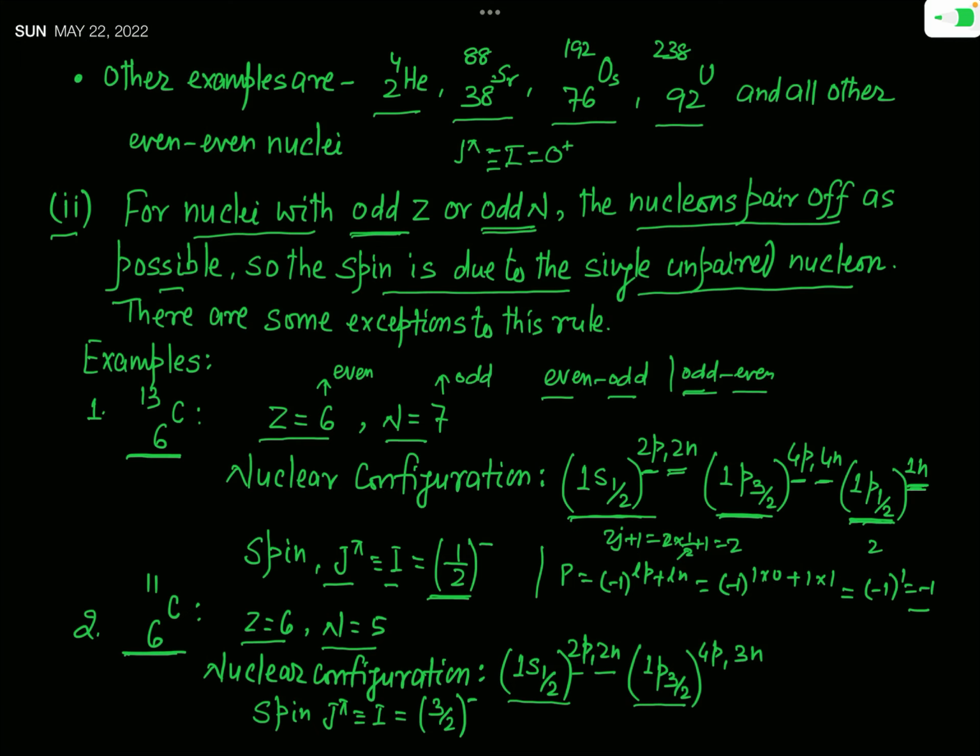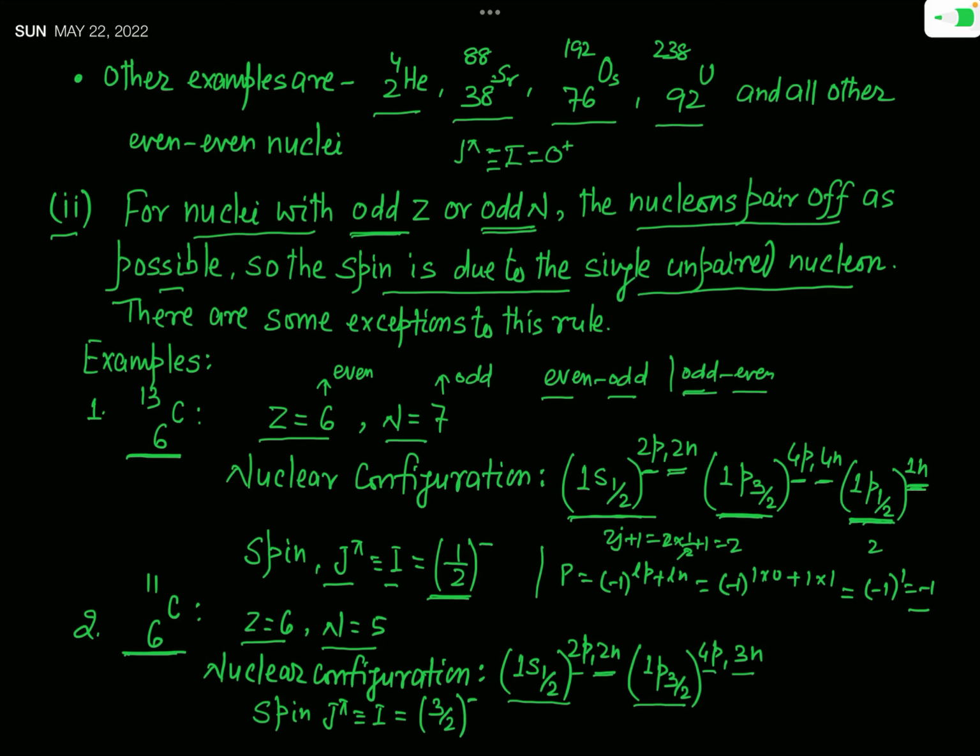Since J is 3/2, the number of protons will be 2J plus 1, that is 4. And the number of neutrons in this subshell may be 4, but since our nucleus has only 5 neutrons and 2 neutrons have already been accommodated in the first subshell, only 3 neutrons remain here.